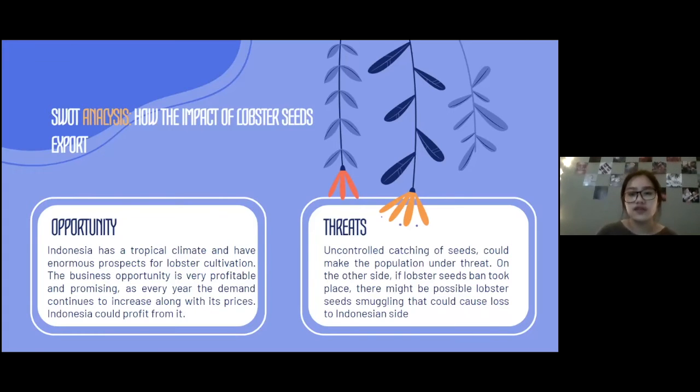Lobster cultivation is one of the cultivation businesses that is quite easy to do compared to others, because the treatment method is not that complicated and the cost of the food to feed the lobster is cheap, and the market in Indonesia is really wide open.